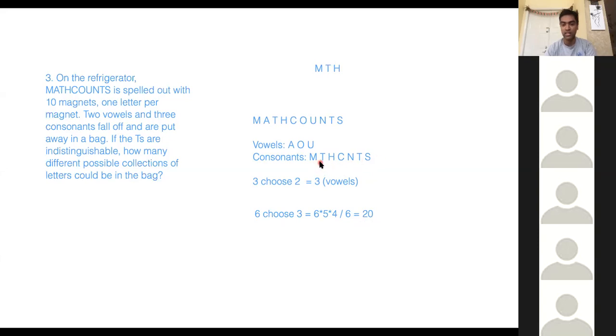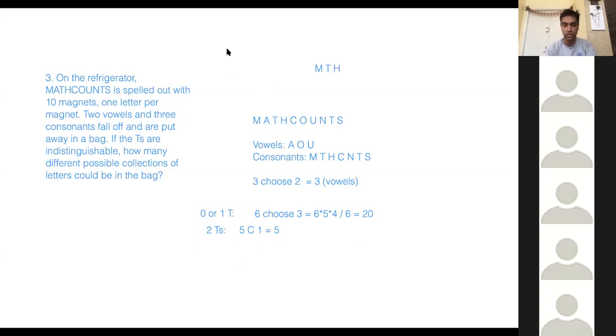So the number of cases that have both T's is just, I need 1 more letter, so one of M, H, C, N, or S. So this is with 0 or 1 T. There's a total of 20. And with 2 T's, we have 5 choose 1 or 5.